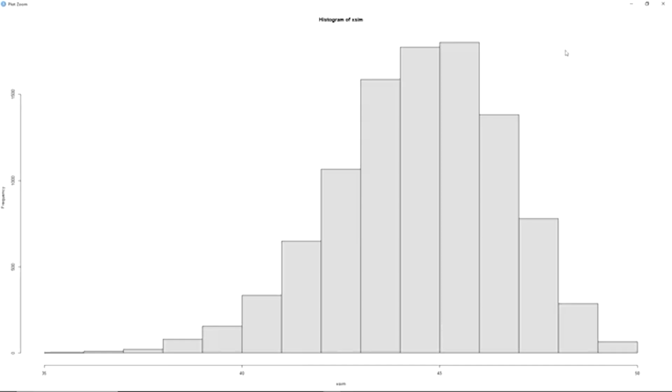Actually this is slightly misleading, so let me draw a discrete histogram. All these data points are discrete, right? So you cannot get anything between 45 and 44.